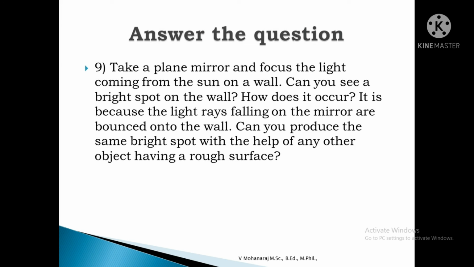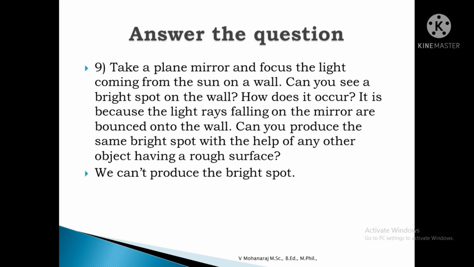Okay, next. Take a plane mirror and focus the light coming from the sun on a wall. Can you see the bright spot on the wall? How does it occur? It is because the light rays falling on the mirror are bounced onto the wall, so it produces a bright spot. Can you produce the same bright spot with the help of any other object having a rough surface?